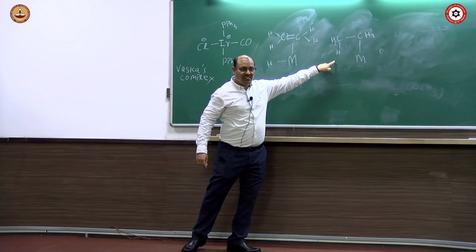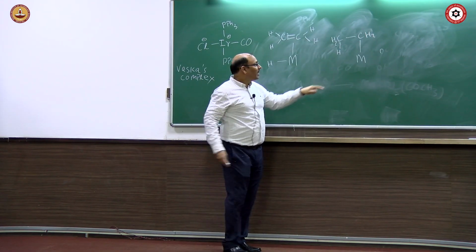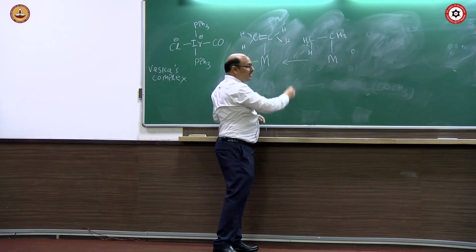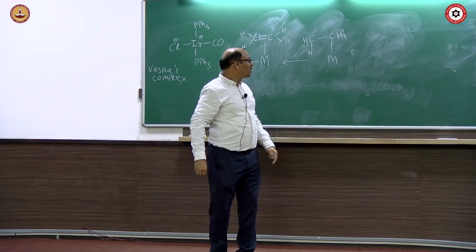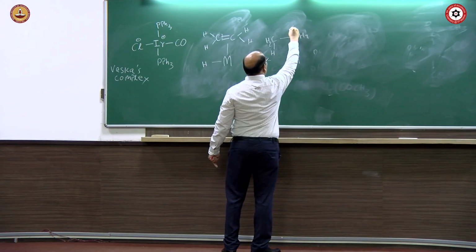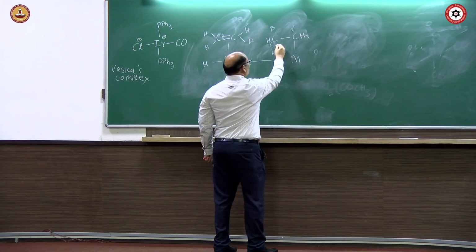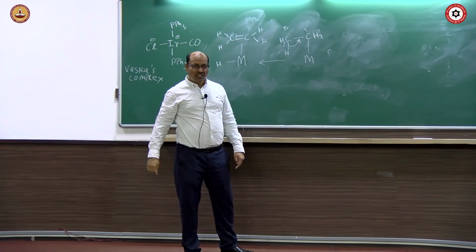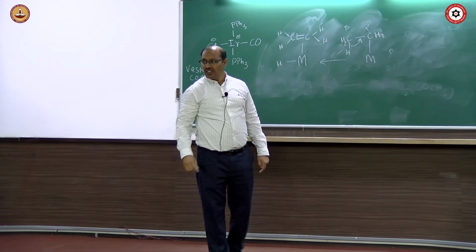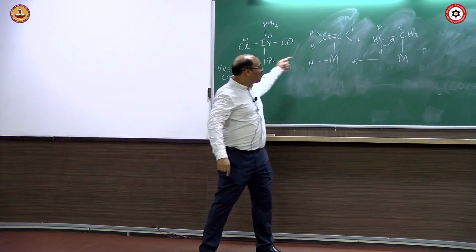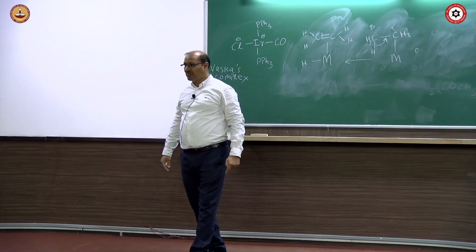This is also migration, right? And the reverse is called elimination. It's called beta elimination because this is the alpha position, this is the beta position. So sometimes in this way it goes, this is called beta elimination, and this way it will be called migration. Okay.